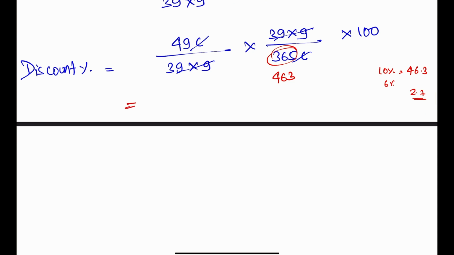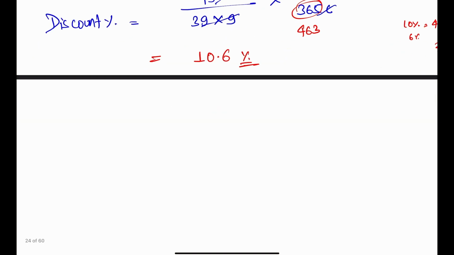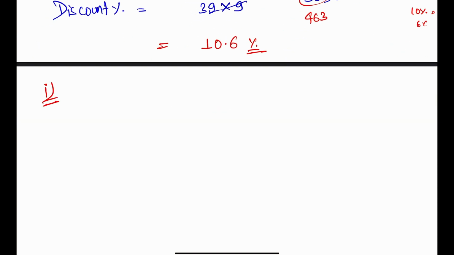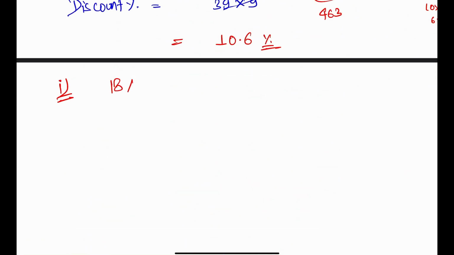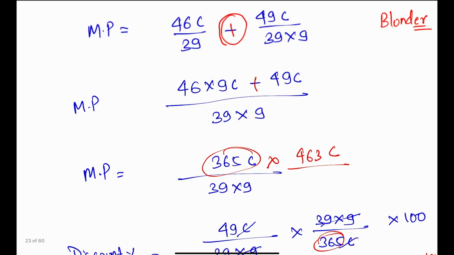So my discount percent is 10.6%. So my first answer will become 18% minus 10.6%. So it will be eventually 7 minus 0.6, which is 6.4%. This will be the answer of the first question.